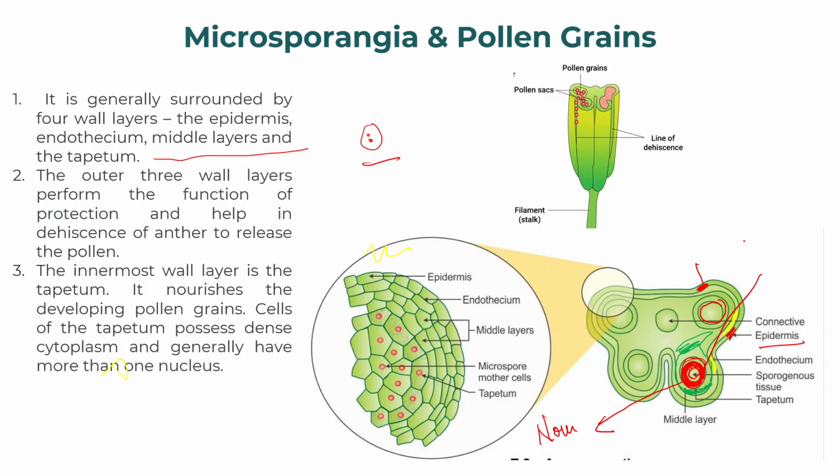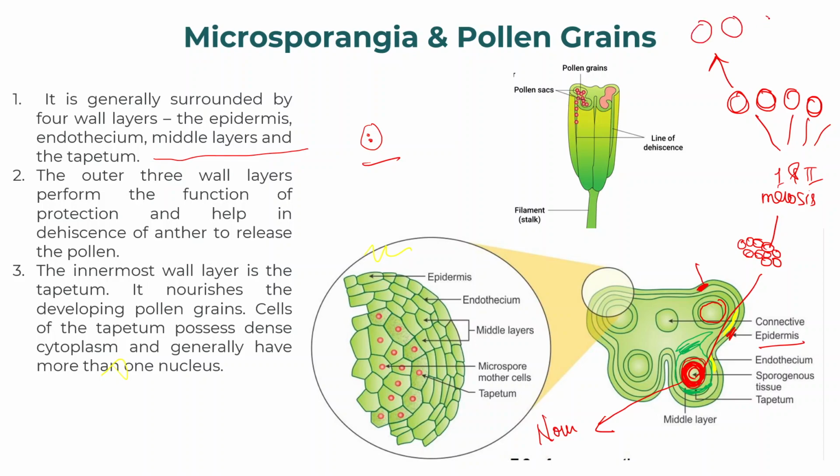See how each and every cell of this porogenous tissue will undergo meiosis, and how meiosis 1 and 2 will form four microspore tetrads, and these microspore tetrads will further develop into functional pollen grains, right?